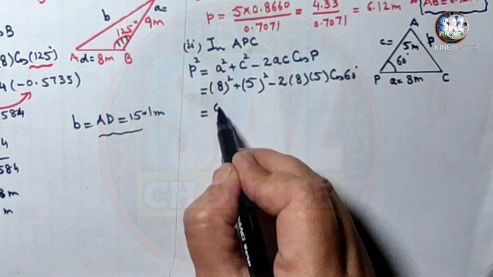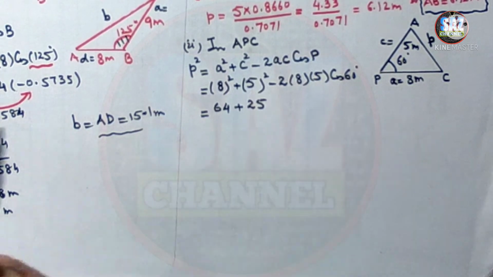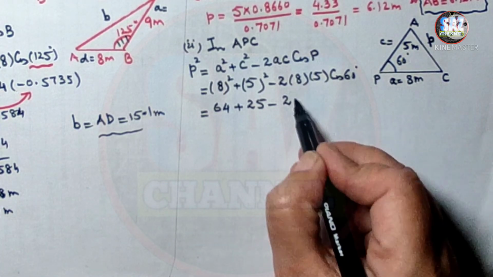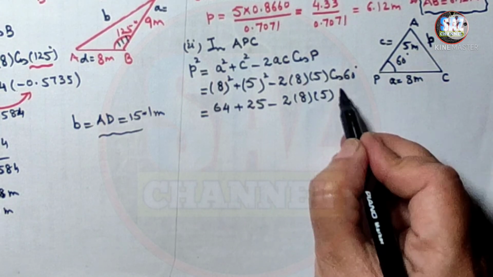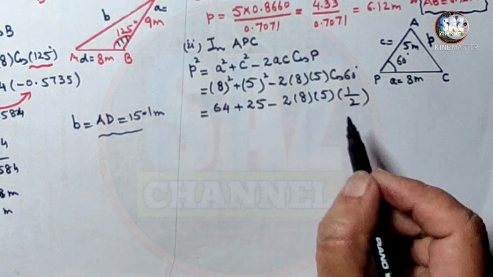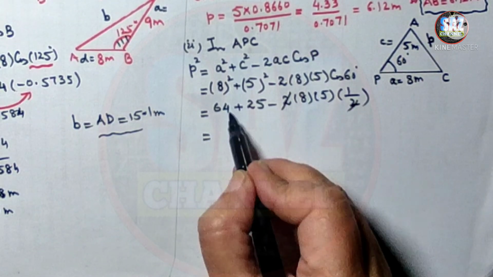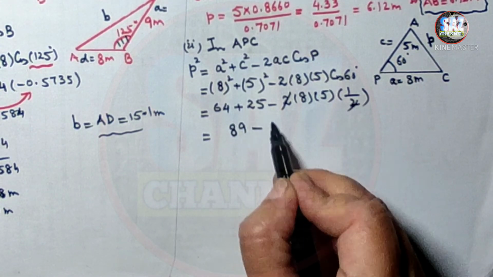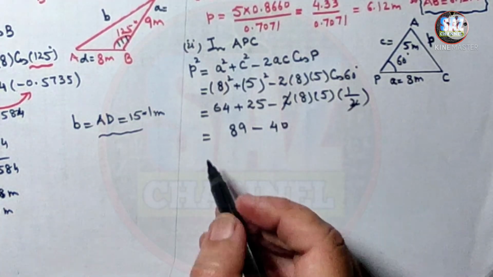This is 64 plus 25, and cos 60 is 0.5, or 1 by 2. Look, this 2 can easily cancel with this 2, and I am left with 5 and 4, so 89 minus 40, which is 49.